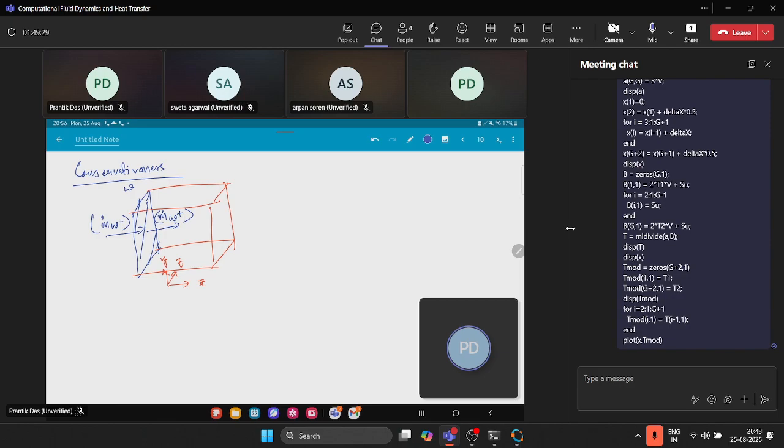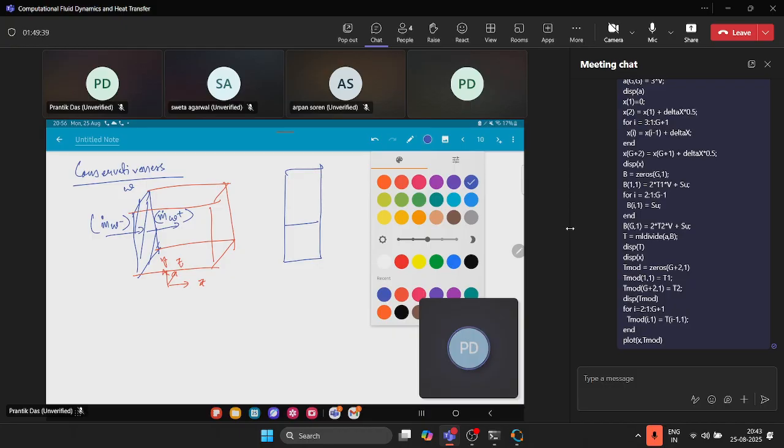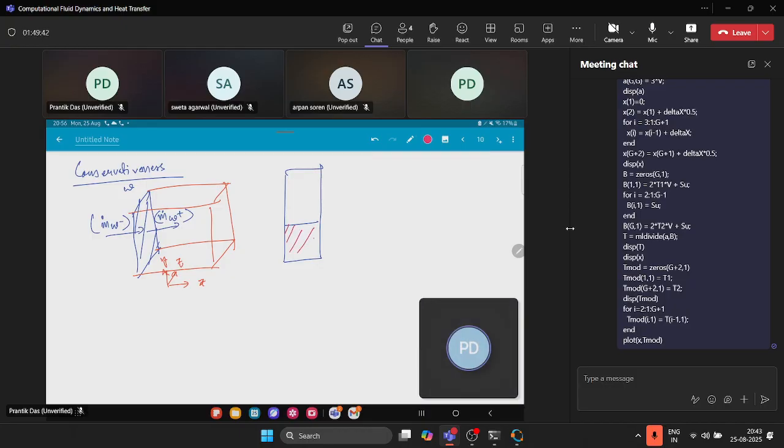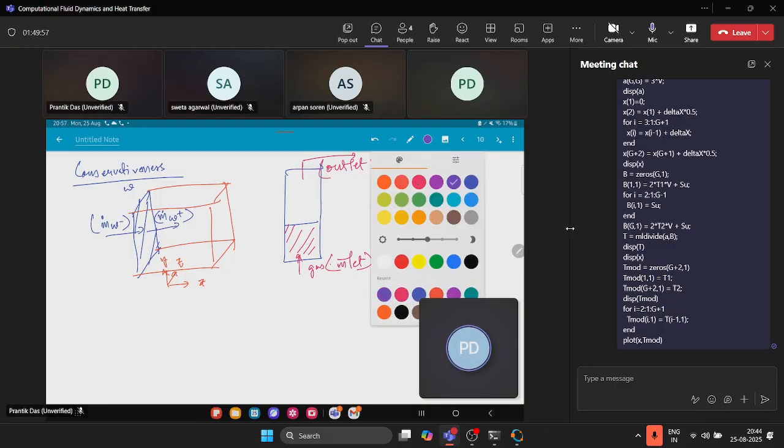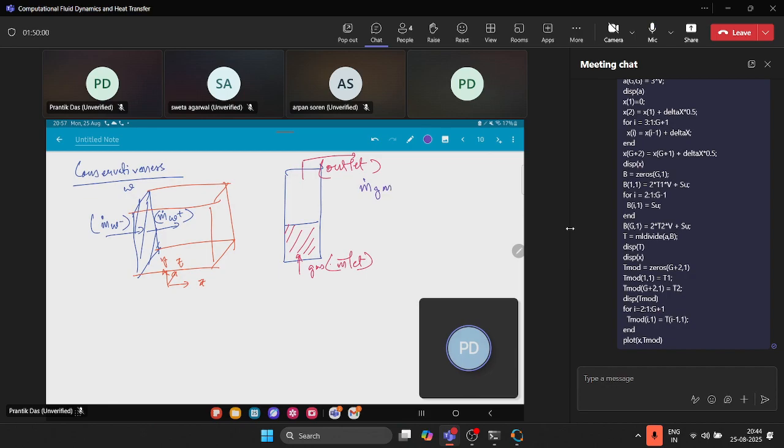For example, there is a problem like this. There is a domain like this, and it is filled with some water. Okay. And then you are injecting gas, and then this one is an outlet, and this one is an inlet. Okay. So the gas which is coming through the inlet should be equal to the gas which is going out of the outlet.